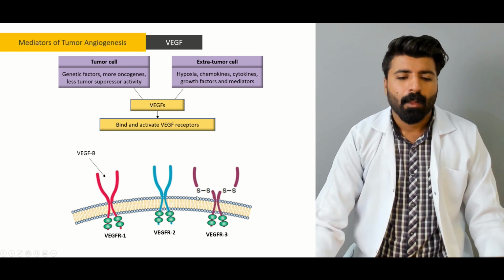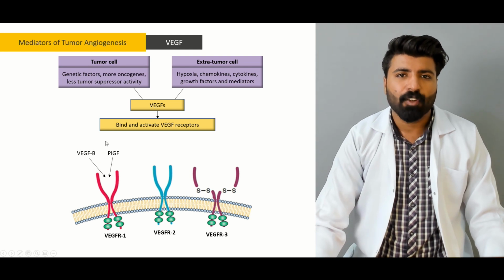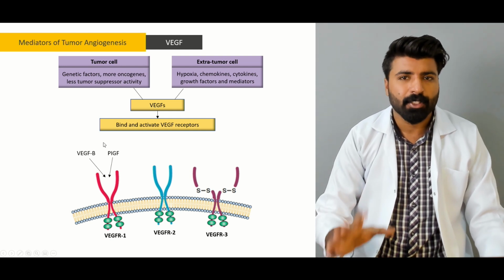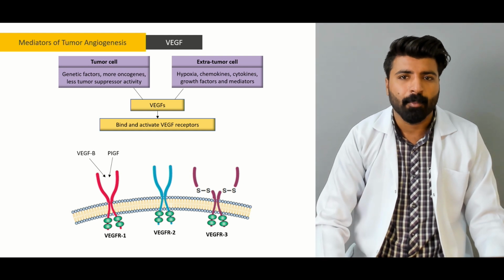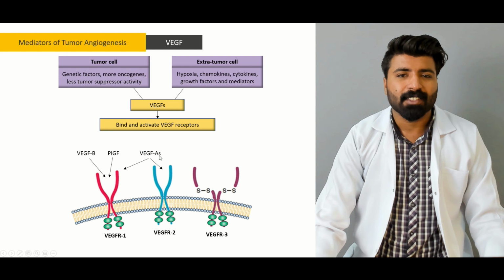First of all, it's going to attach itself to VEGF-B. And on the other hand, PlGF will also be attached to the VEGFR1. Now these terminologies might look difficult to you, but these are very important and you have to understand them one way or another. Afterwards, VEGF-As get attached to both of these.